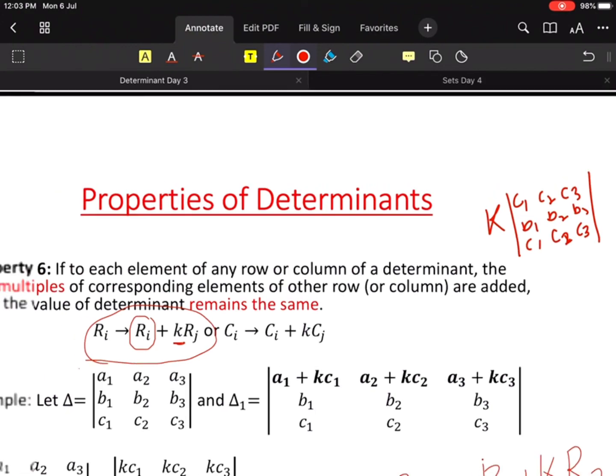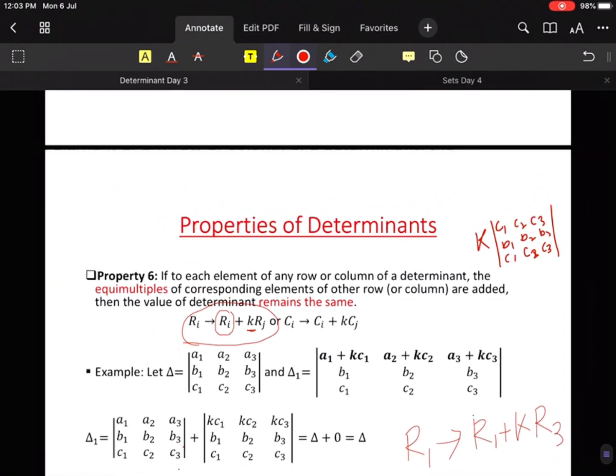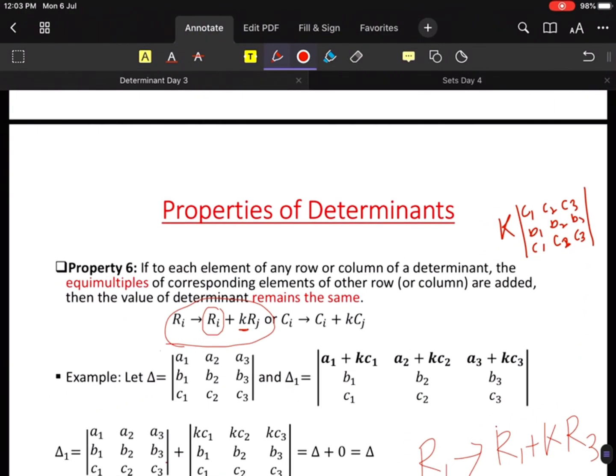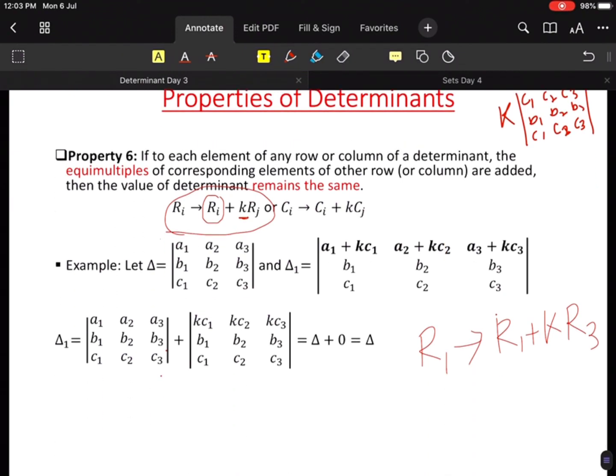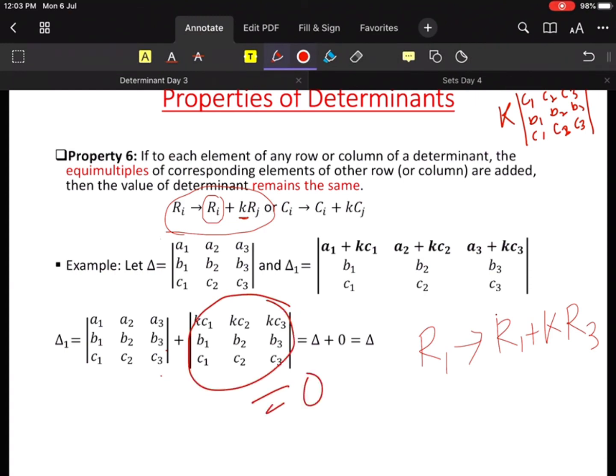We have learned that when two rows or two columns are identical, then the determinant is 0, right? So what can we say? That this whole determinant is equal to 0 because it has identical rows. Yes, row 1 and row 3 are identical. So if this one is equal to 0, what remains? This remains.